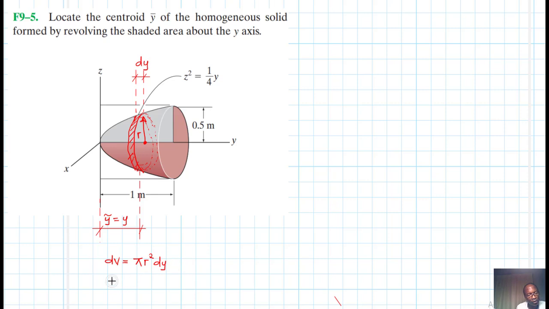So if r is, in our case here, equal to y, our dV will be equal to, no, not y, sorry. If r is equal to z along that, our dV will be equal to pi z squared dy.